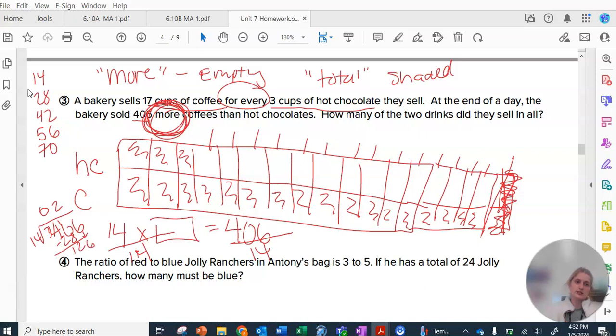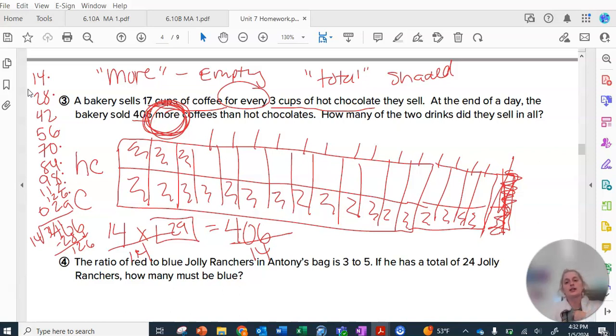Bring down your 6. 70 plus 4 is 84. 98. 112, and 126. There we go. 1, 2, 3, 4, 5, 6, 7, 8, 9 times. So each box is worth 29, or whatever variable you say that box is, equals 29. That's your solution for the box.